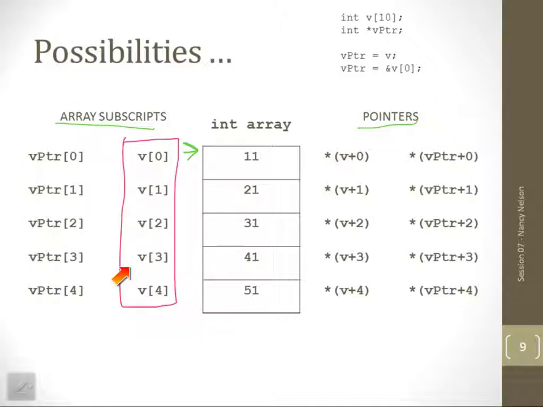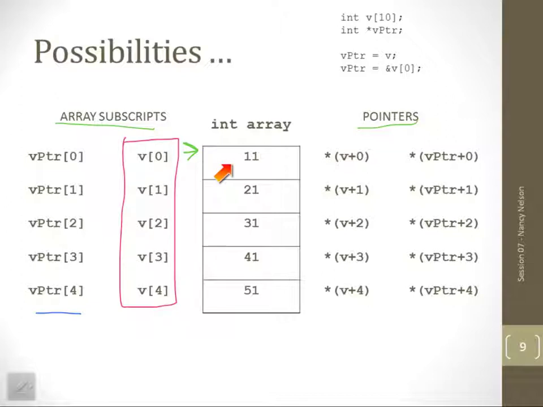But because we've done the assignments up here, and our pointer, v pointer, is now pointing at that first element, we can actually say v pointer element 0 and get that 11. We can say v pointer element 3 and get the 41.